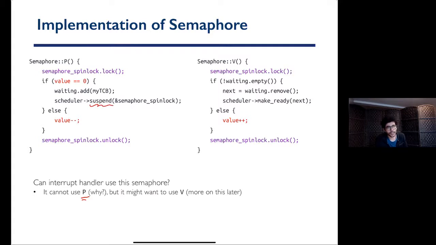We don't want the interrupt handler to be suspended, because the interrupt handler is really not a task, and we don't want it to be treated as a task. But it definitely can use V, because in V you're just sending a signal to whomever is waiting, right? So V is okay to be used, but P is not really okay to be used by an interrupt handler.